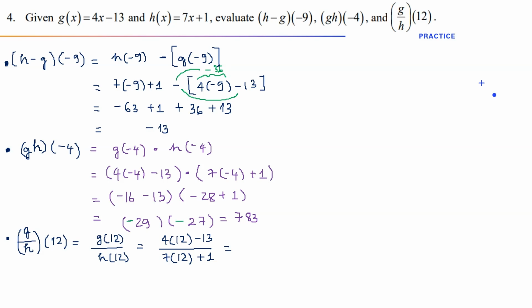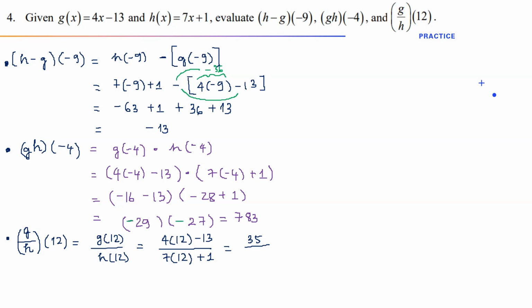That's 4 times 12 is 48. 48 subtract 13 is 35. Now 7 times 12 is 84.